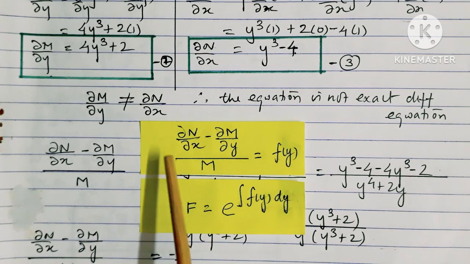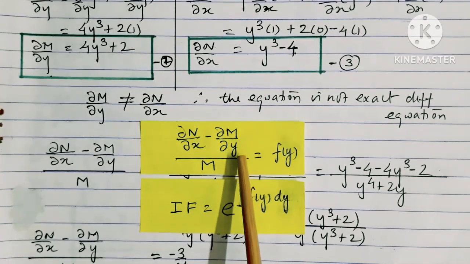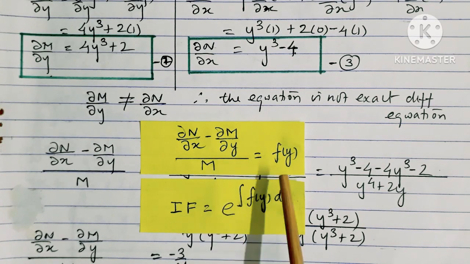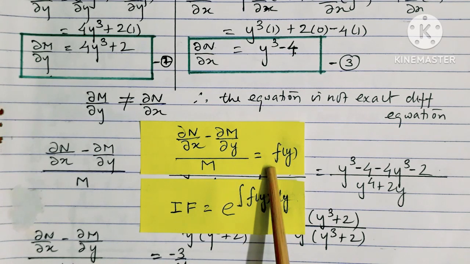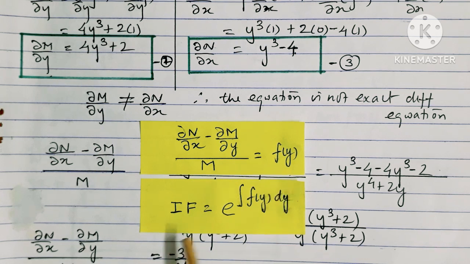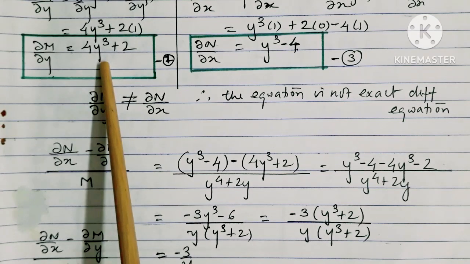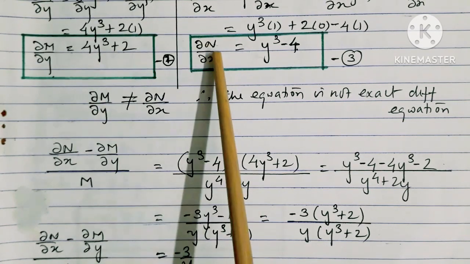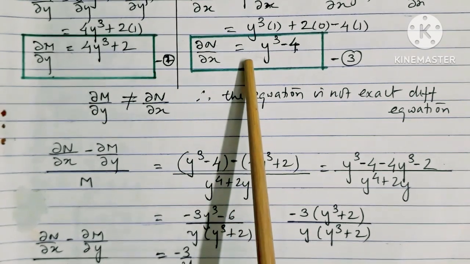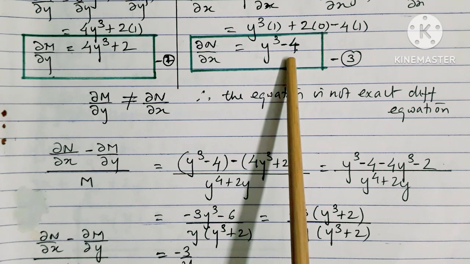Now if (del N by del x - del M by del y) upon M is a function of y only, say f(y), then the integrating factor would be e raised to integral f(y) dy. Now del M by del y is equal to 4y^3 + 2 and del N by del x is equal to y^3 - 4.